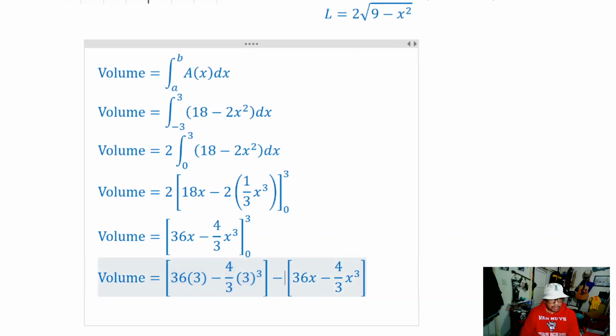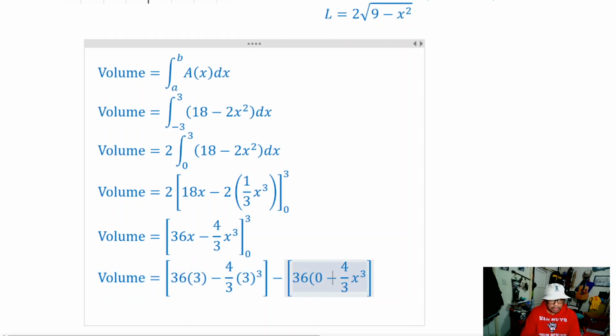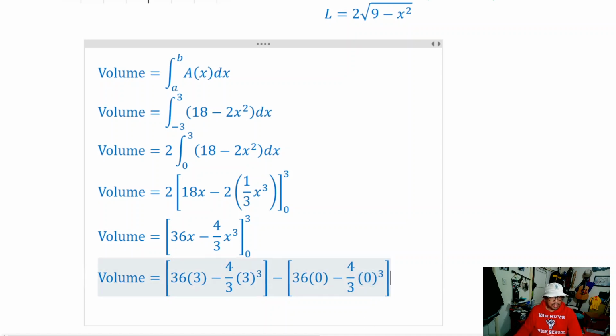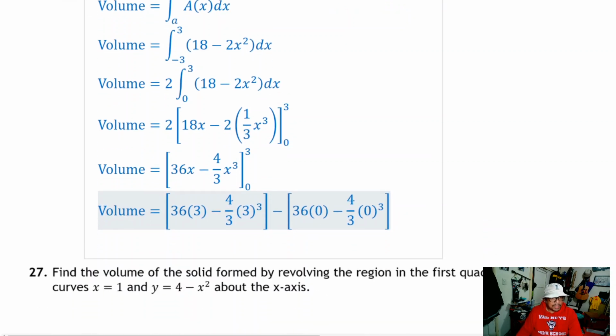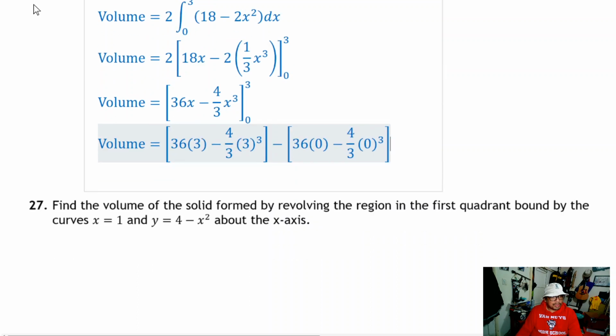Great, and then in the second one, we'll change this x into a 0, and then we'll change this x into a 0. All right. Now that's good for us. We did this on purpose because we wanted to substitute a 0. It's a whole lot easier to evaluate a 0 than a -3.